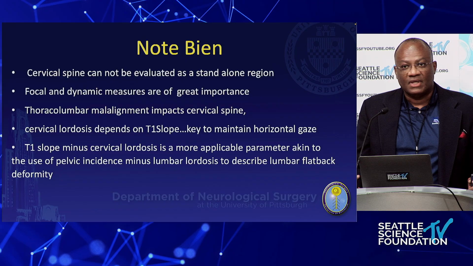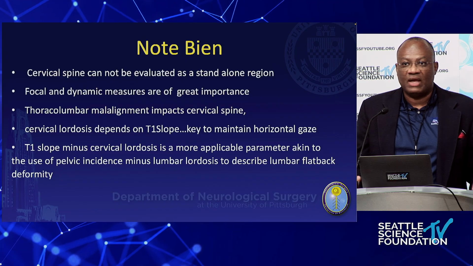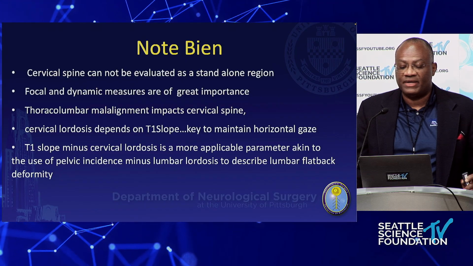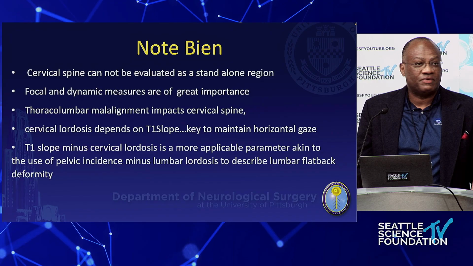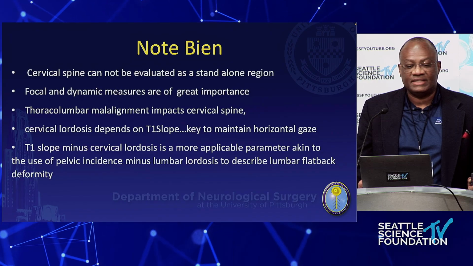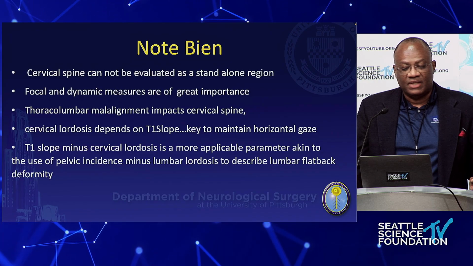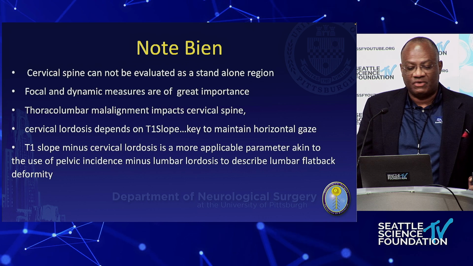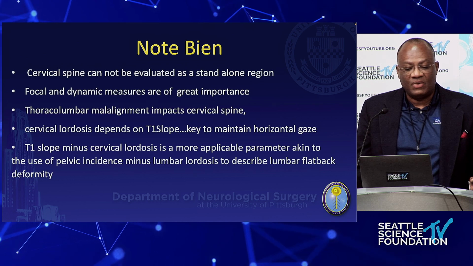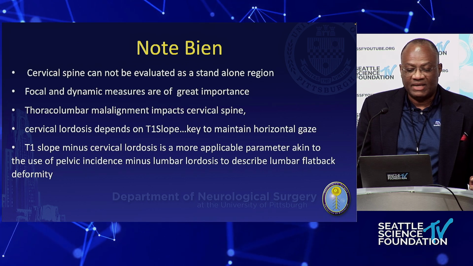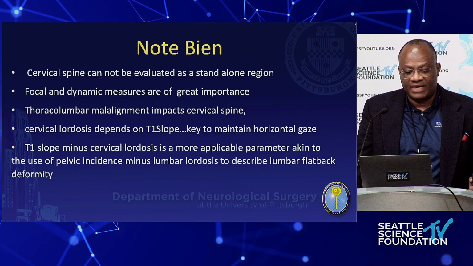So in this day and age, we're well aware, all of you are well aware, you've read about it, you know about it, that the cervical spine cannot be evaluated as a standalone region, right? So there are focal and dynamic measures of importance, and thoracolumbar malalignment impacts the cervical spine.